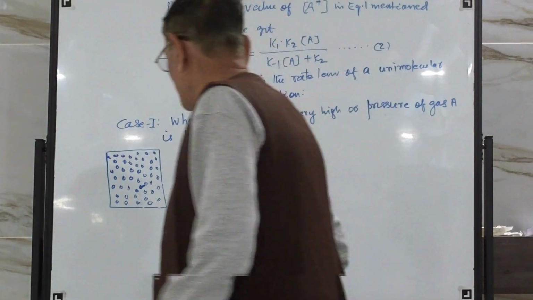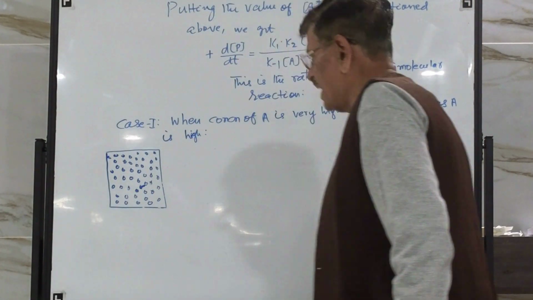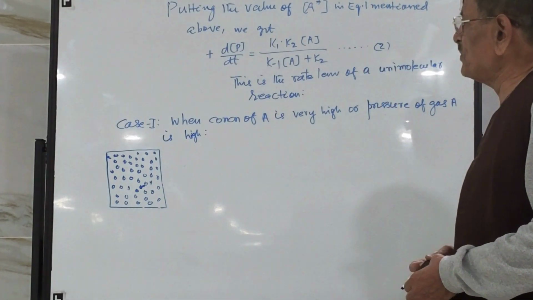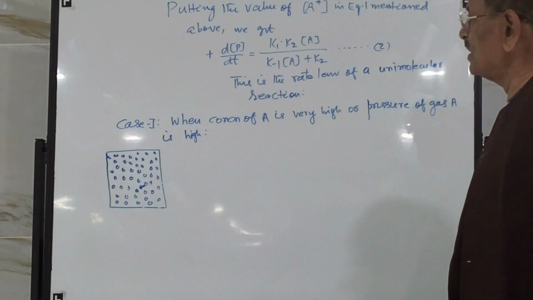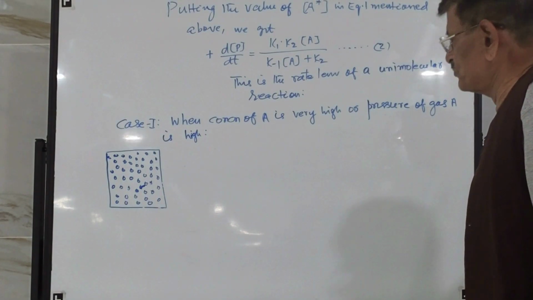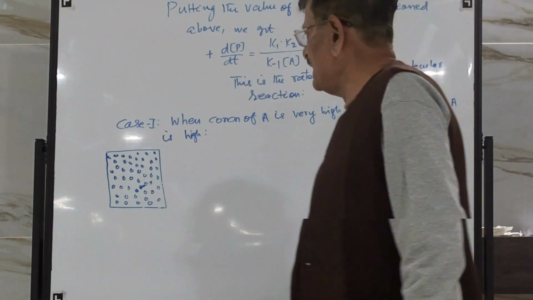So if the concentration of reactant A is very large, the chance of deactivation will be large and the chance of decomposition into product will be very small, because most of the activated molecules will deactivate.